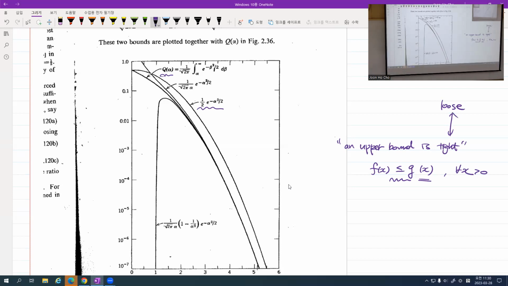However, this function, no integration involved, is very tight. But we have to prove mathematically whether it is asymptotically equivalent or not. But anyway, this curve, at that time it was very hard to even generate this plot, right?